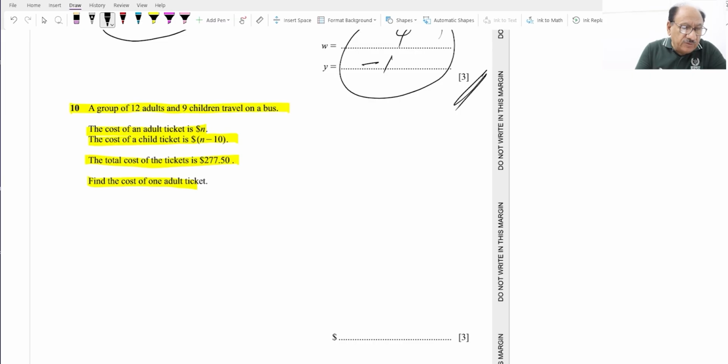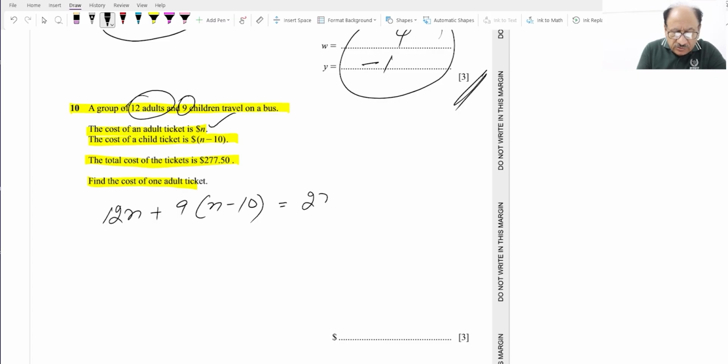So we can form the equation. 12 adults are there, and an adult ticket is costing N, so 12N plus 9 children, so 9 into N minus 10, and each child ticket is N minus 10. And this is equal to the cost, 277.50. Further we need to just solve the equation and find the value of N.